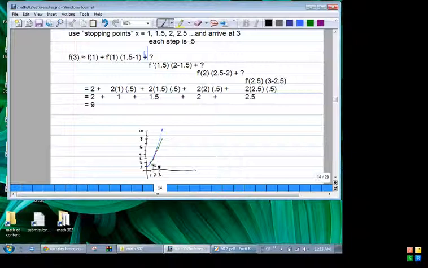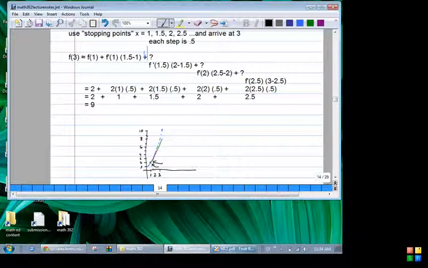That right there is the initial point that you're given: when x is 1, y is 2. Next is that little green segment, the tangent line at x equals 1. We follow that up to x equals 1.5, and that gives us some approximation, some new y value, which I don't care about right now.